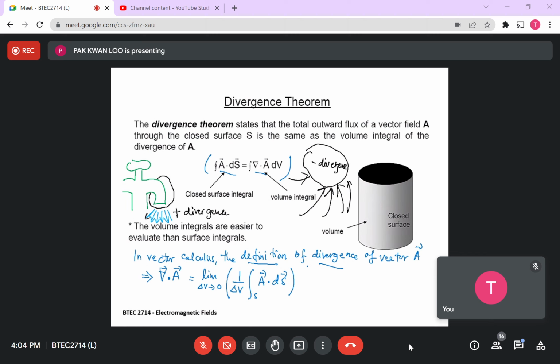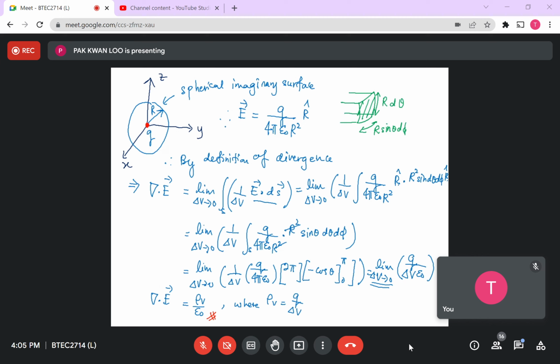The divergence of vector A is the limit of the volume, based on the imaginary surface I just mentioned, shrinking to 0. I use a point charge as an example, as I think it will be much easier to relate this way.